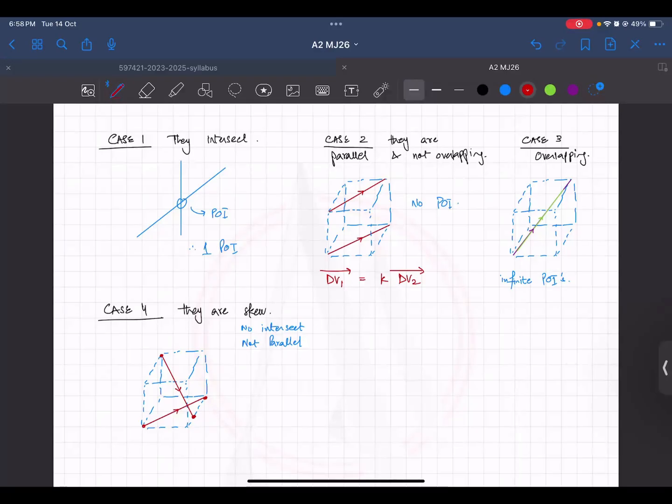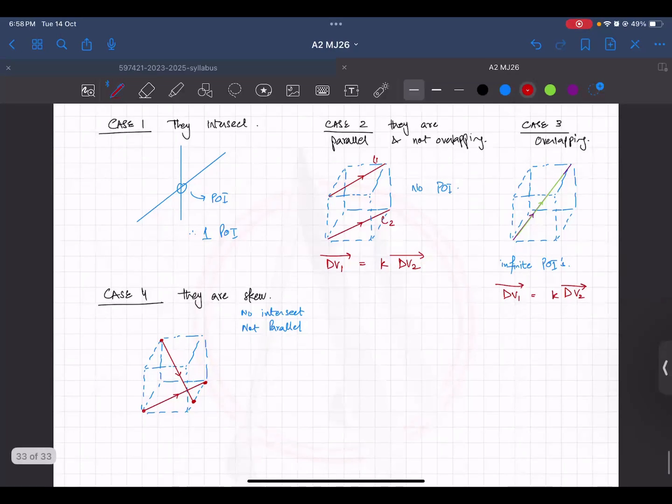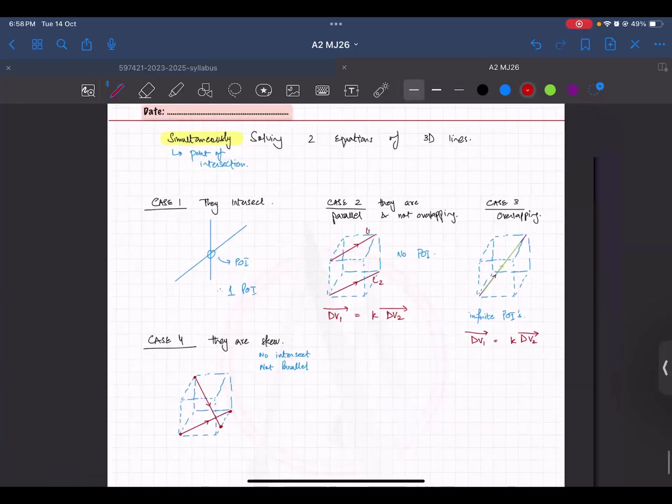Let's suppose this is line 1, this is line 2. The relationship between them would be a scalar multiple. Same would be over here as well. Direction vectors of the two lines will be scalar multiples of each other. In the fourth case, it is a completely separate thing.